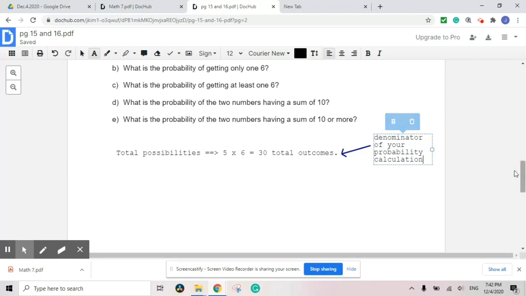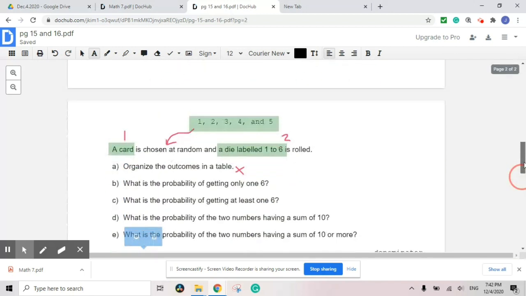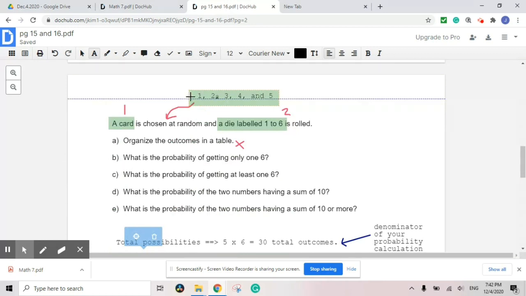Now, without further ado, let's go with situation B. What is the probability of getting only a 6? In this case, we are talking about having a die number that is 6 instead of any others. First of all, I don't have any 6 in the card situation.